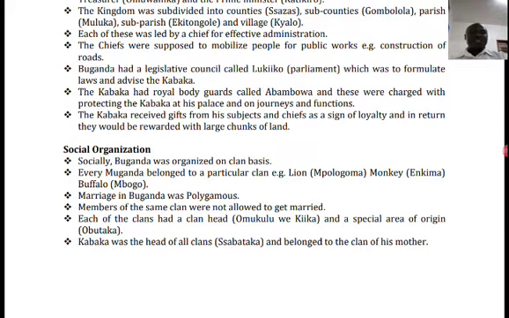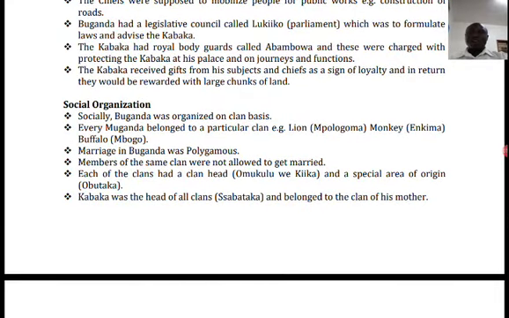Kabaka possessed the royal bodyguards, the Abambowa, whom I told you about when we were looking at factors responsible for the rise and growth of Buganda Kingdom. But much as they had the Abambowa, Buganda also possessed a strong army that was responsible for the wars of conquest, responsible for the expansion of the kingdom.